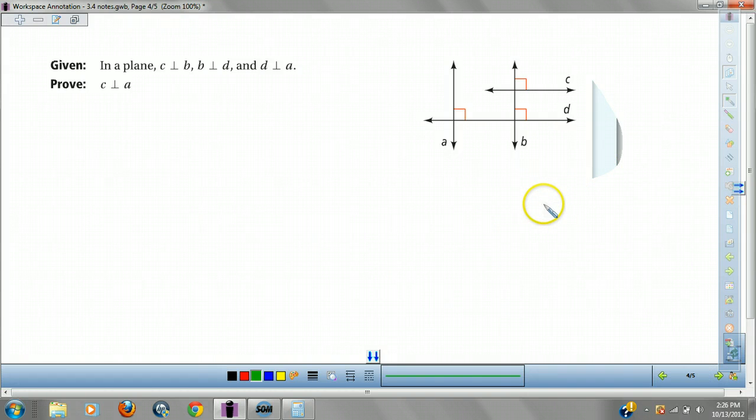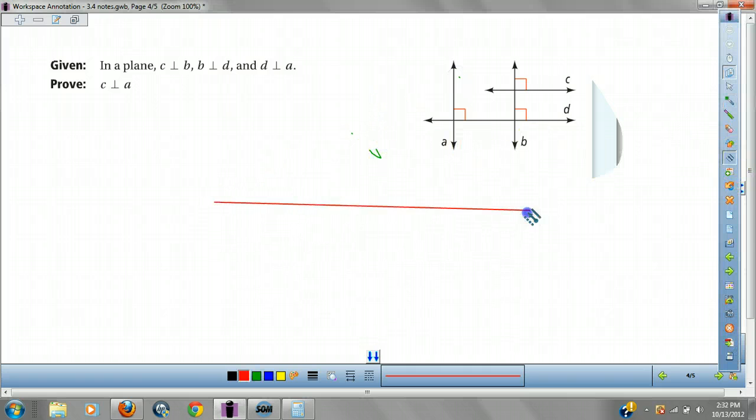Okay. Tricky proof. In a plane, we have C is perpendicular to B, B is perpendicular to D, and D is perpendicular to A. So first things first, I'm going to make my good old proof box.